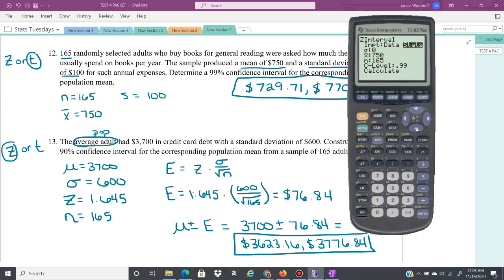Then your standard deviation, which will be 600. Your X bar, your mean, 3,700. Sample size, 165. Confidence level is 90%, so 0.90. And then we have our interval here. It's only doing 1 decimal place here because it doesn't have enough room to give you the 2 decimal places.